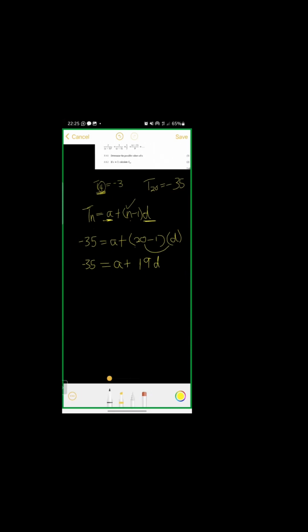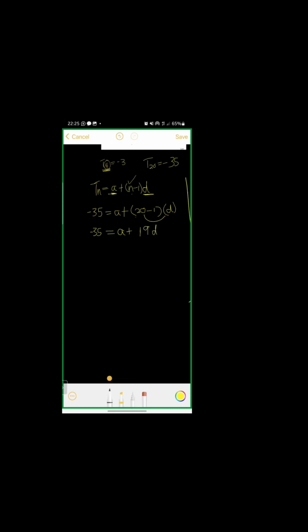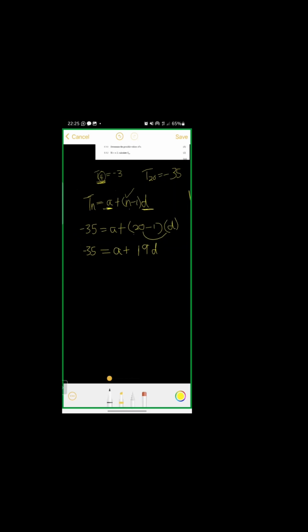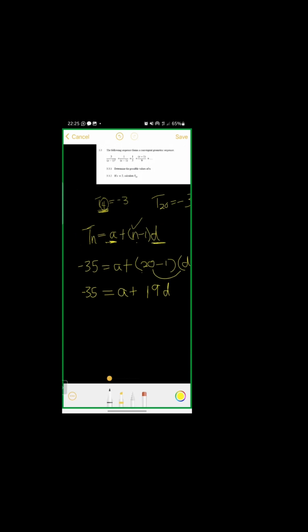Since we're going to be looking at a simultaneous equation, it's quite convenient to make at least one thing the subject of the formula. One way, if you like, is to take the A to the other side and divide both sides by 19 to make D the subject.